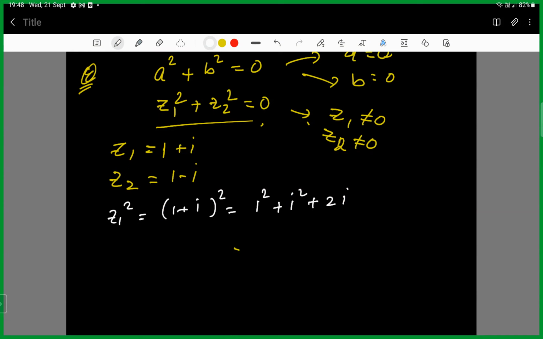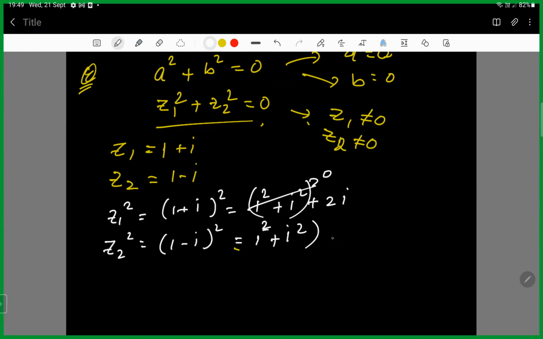So 1 square plus iota square is 0. That means you're getting 2i. Okay, z2 square is how much? That again is 1 square plus iota square minus 2i. If you add these two, what do you get?